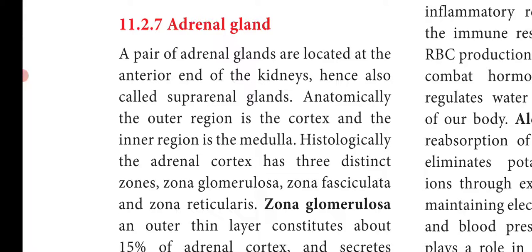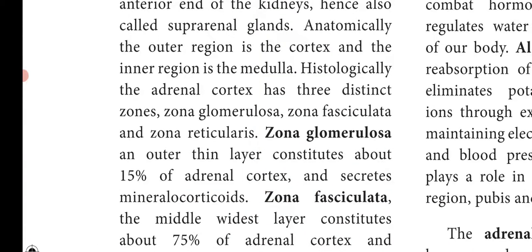The zona glomerulosa is the outer thin layer which constitutes about 15% of the adrenal cortex. So 15% of adrenal cortex is occupied with zona glomerulosa and it secretes a hormone called as mineralocorticoids.